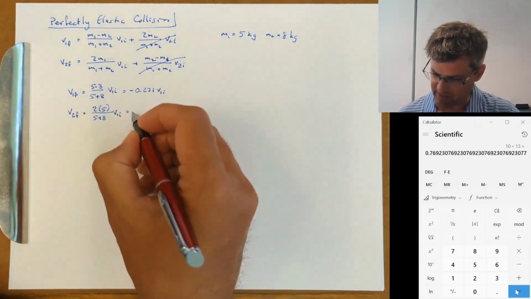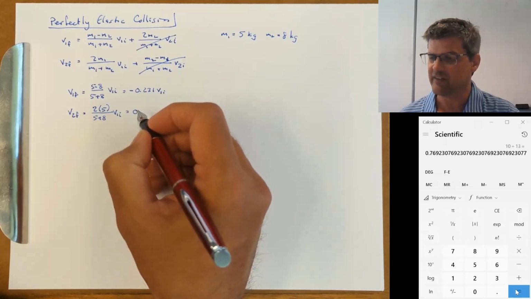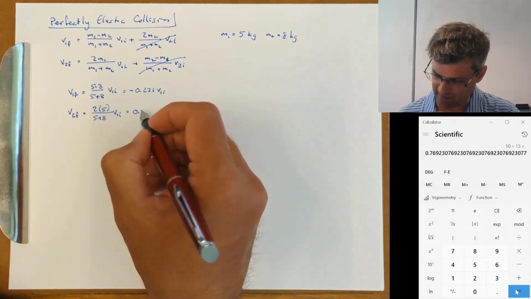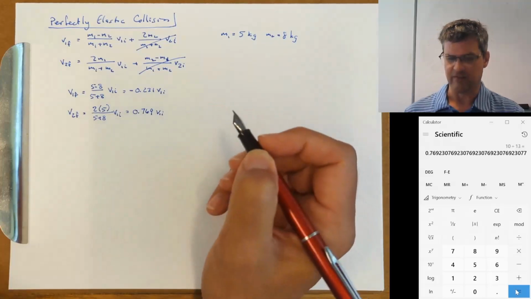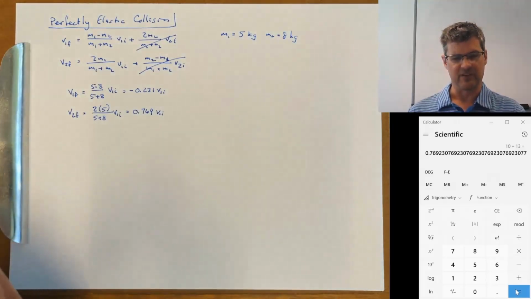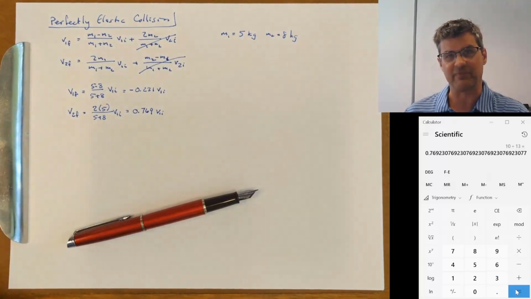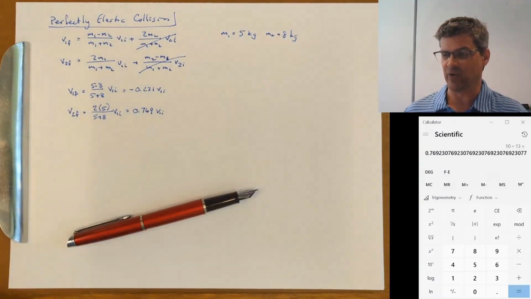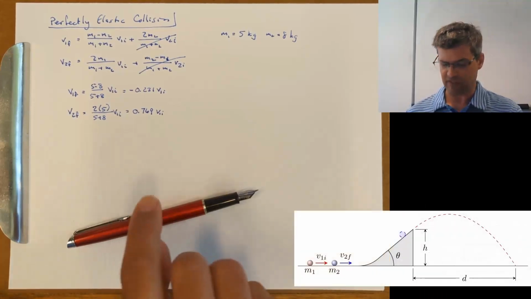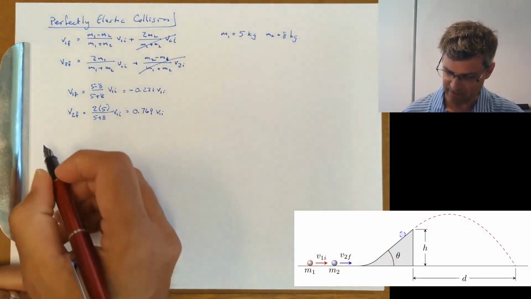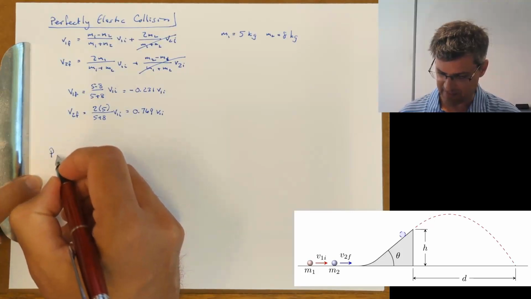So it's positive 0.769 v1 initial. So after the collision, the first mass is going to bounce backwards, the second mass is going to go forward and progress with the rest of the problem. Now this is one extreme scenario. The other extreme of the scenario is perfectly inelastic.